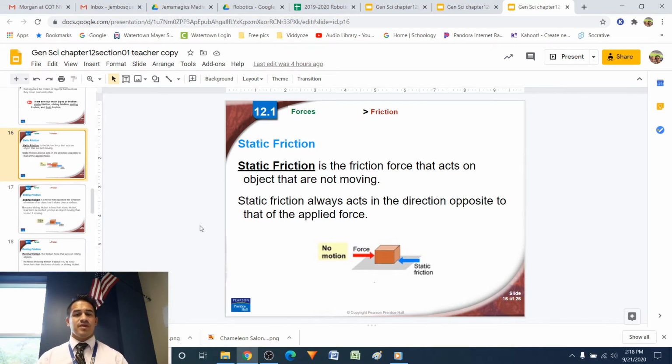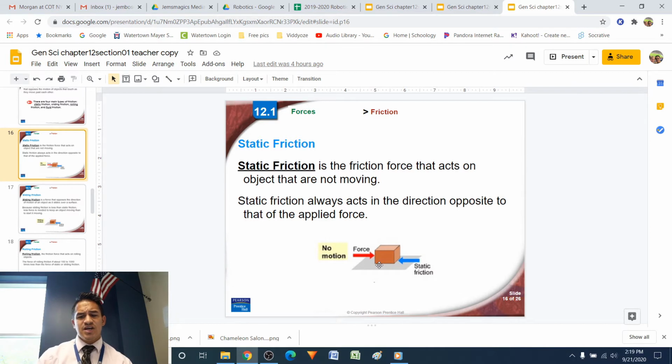So if something is static, that means it's not going anywhere, it's not changing. So static friction is the friction that keeps non-moving objects staying in place, okay? So anything that's sitting on your table or anything that's motionless stays motionless because static friction keeps it there. If there was no static friction, then you would set something down on a table and it would just slide around and it would never stop moving, which would be really weird and hard to grab things, right?